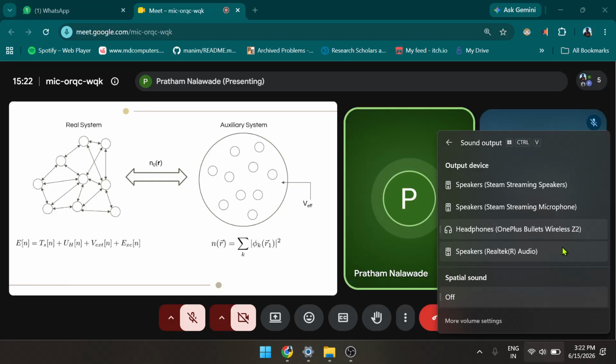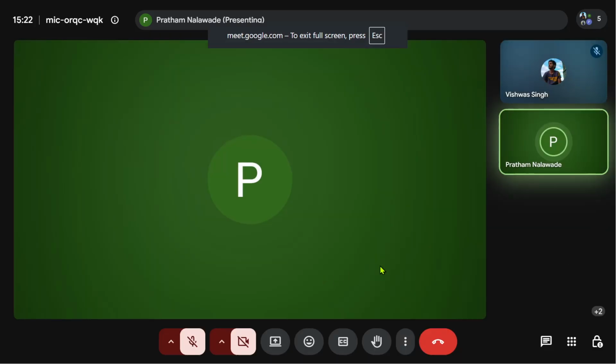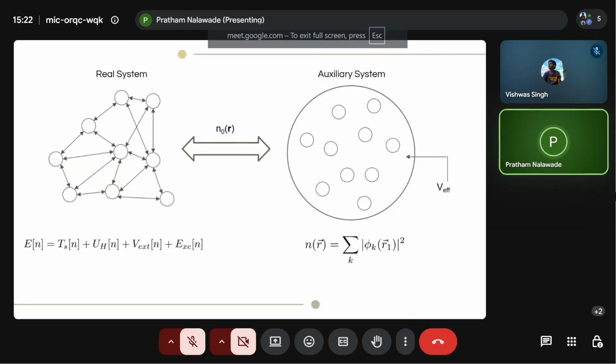So my problem is reduced to a one-body problem. This is exactly like mean field: every particle interacts with an effective field, and you get n one-particle equations which you can solve one by one. So the idea is what this V effective should be such that I get the same charge density as my real system.